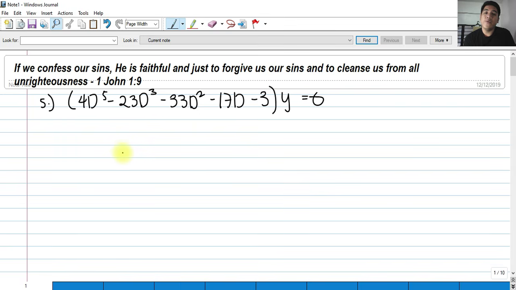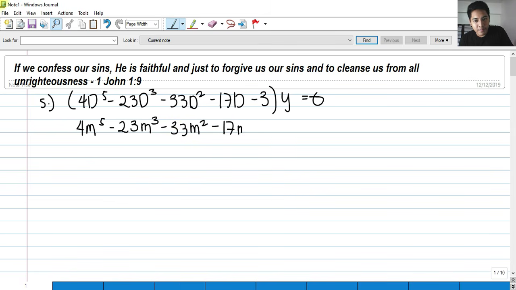And first, we have 5 roots because this is raised to 5. So we can rewrite this in terms of the auxiliary equation. So we have 4m raised to 5 minus 23m cubed. You can notice there is no 4th degree term. Minus 33m squared minus 17m minus 3 is equal to 0.